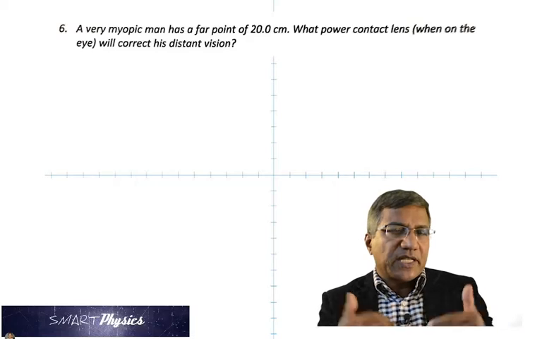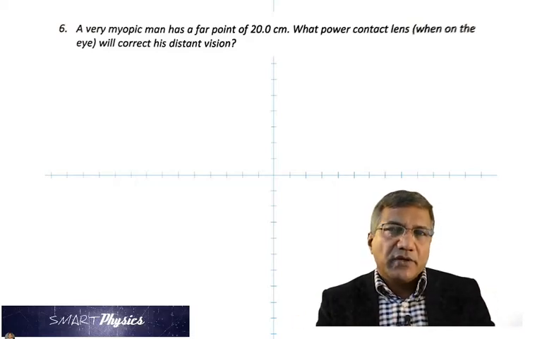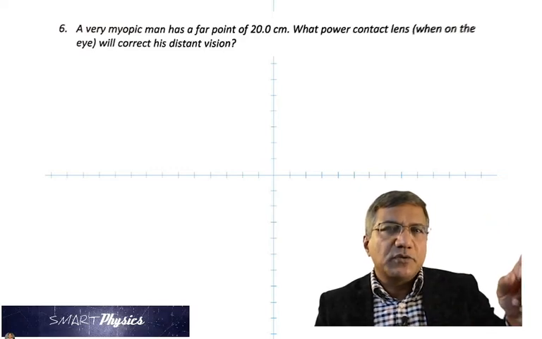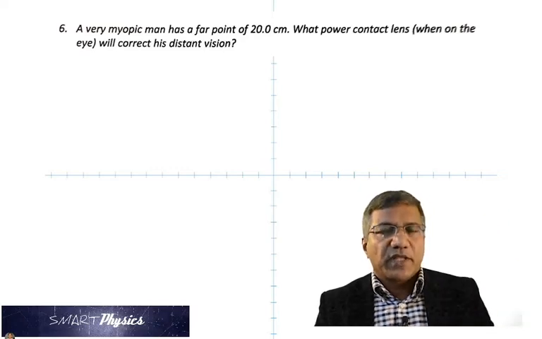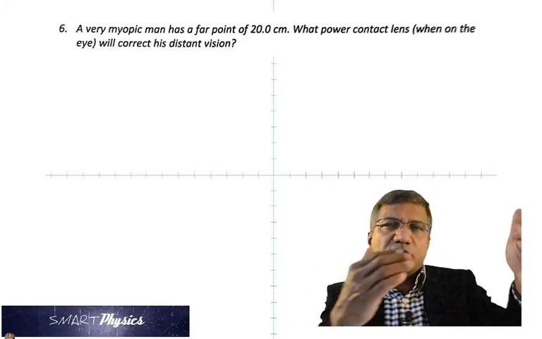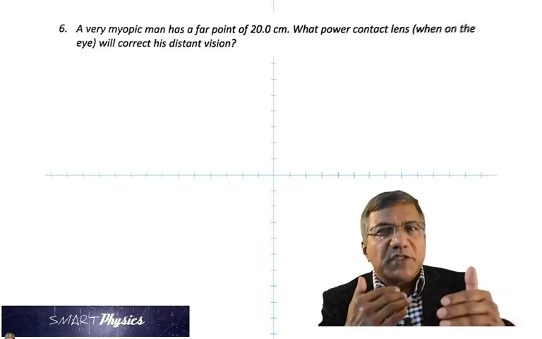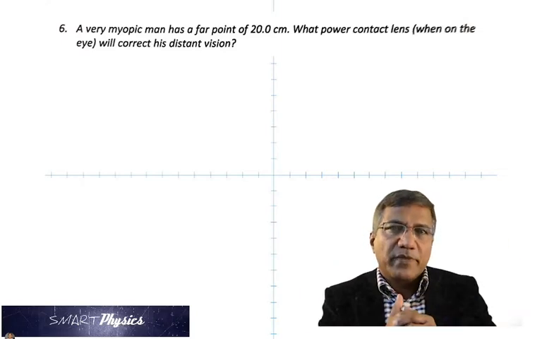So when he wears a contact lens, he should be able to see up to infinity. That means when the object is at infinity, that contact lens should produce an image 20 centimeters away from his eye.